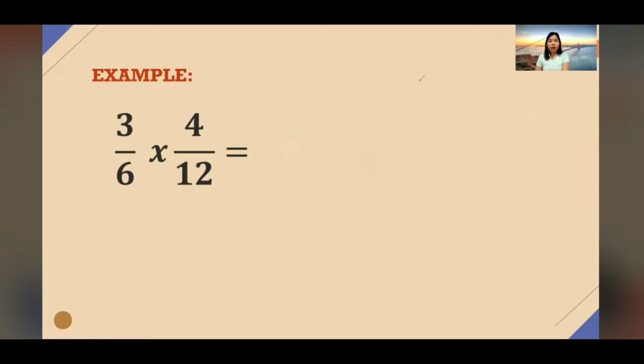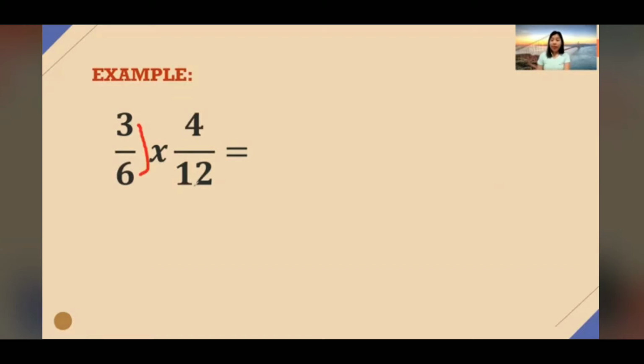And when we say factors, those are, that's correct, the numbers that we multiply for us to get the product. So anything above can be canceled out with anything below. So our numerators here are 3 and 4, and our denominators are 6 and 12.